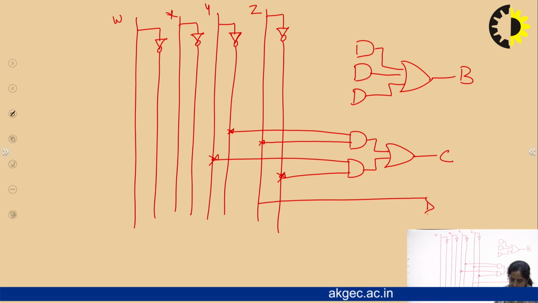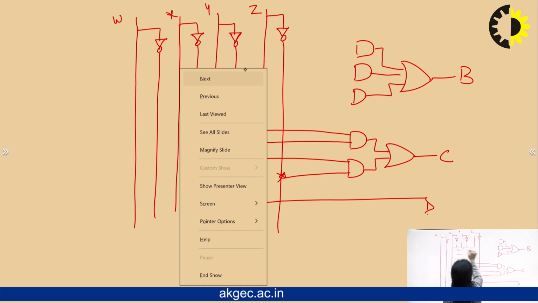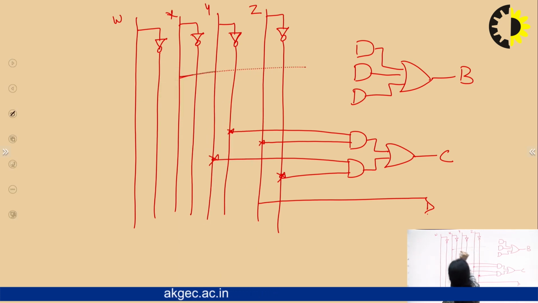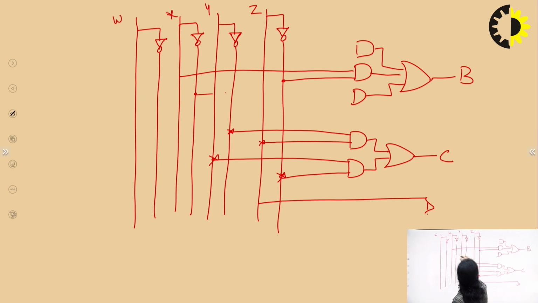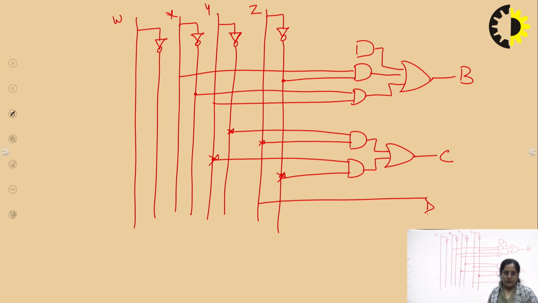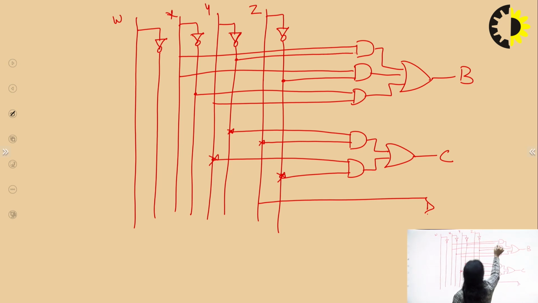So 3 AND gates we have X, D bar, then we have X bar, C, and we have X, C bar, X, Y bar and D bar.